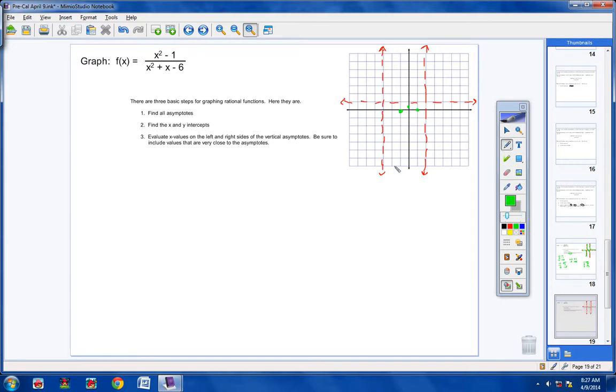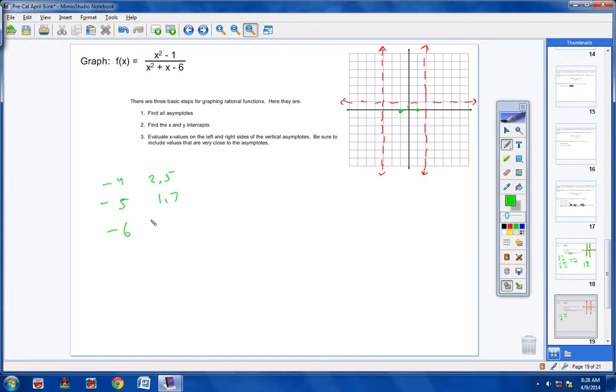Let's first of all plot some x values to the left of your first vertical asymptote. So negative 4, negative 5, negative 6. Let's see what we get out very quickly here, okay? For negative 4, I'm getting 2.5. For negative 5, 1.7.